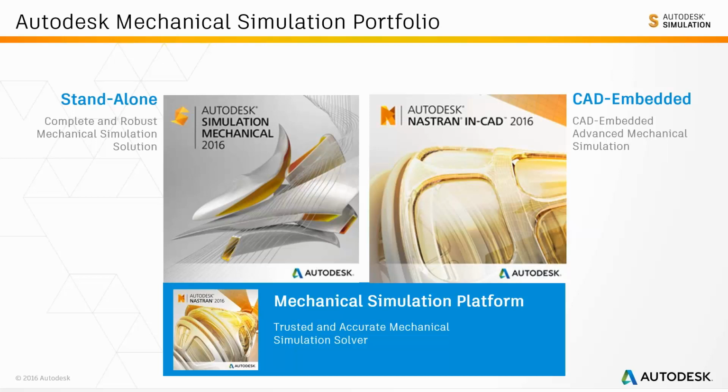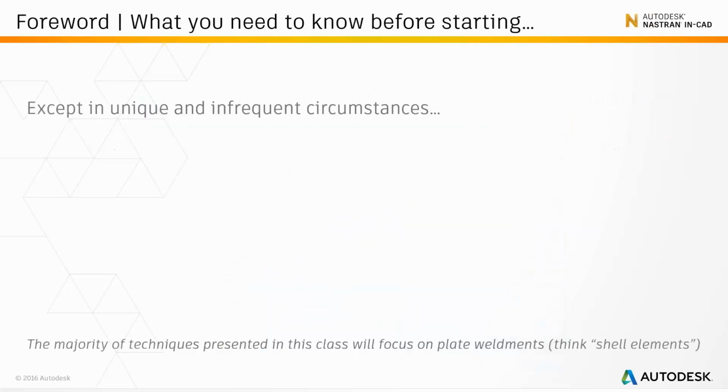A CAD embedded tool, not only available for Inventor but also available for SolidWorks users as well. And then a standalone solver. The Nastran solver comes as a standalone product as well, in which case you would use it with your own pre and post processor. In essence, using the In-CAD version, you're effectively using the same solving capabilities that have been given access to you by using Inventor or SolidWorks to do your pre and post processing.